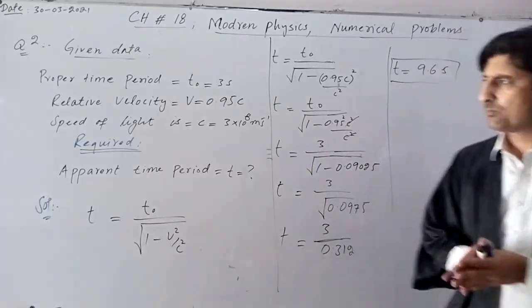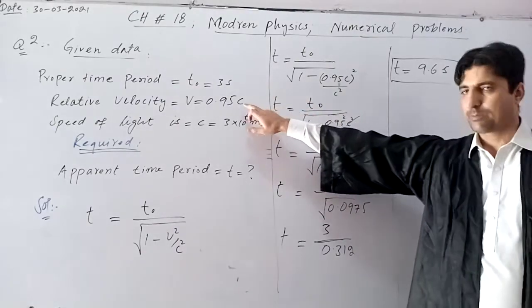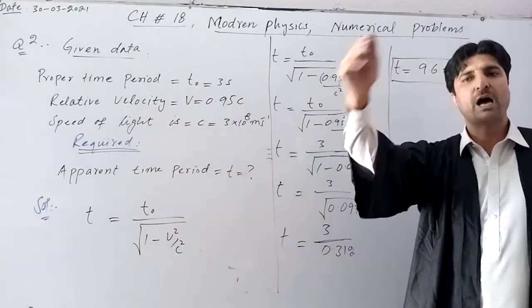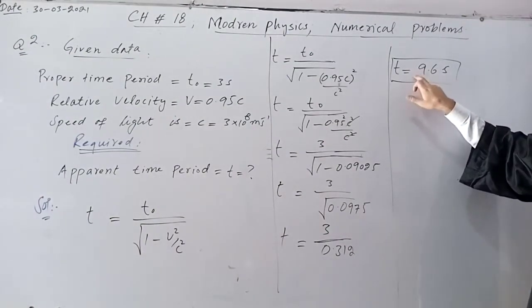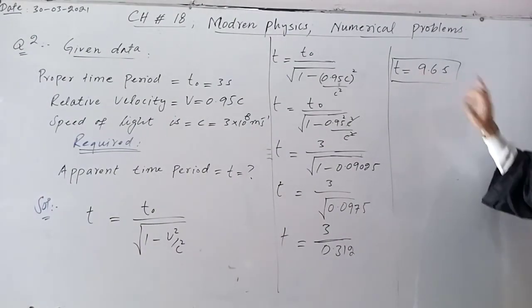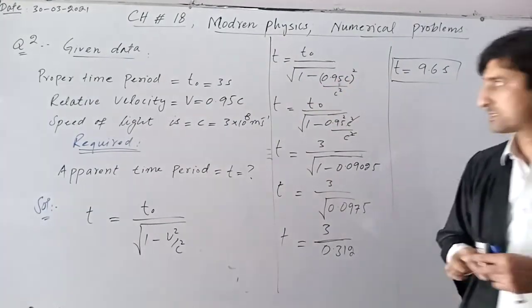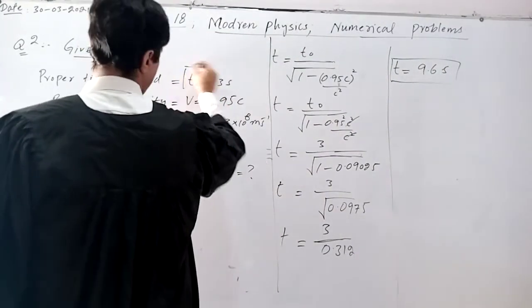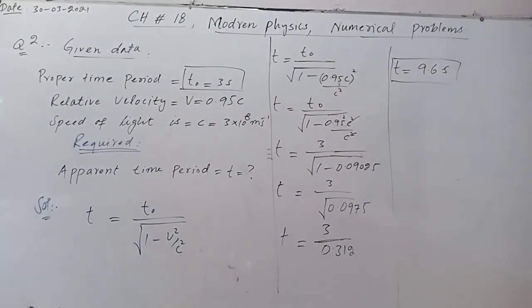But if we are moving with a velocity 0.95 c, comparable to the speed of light, the other observer from the other reference frame will observe that the time period of the simple pendulum is 9.6 seconds. There is a huge difference between 3 seconds and 9.6 seconds. That is the phenomenon of time dilation, which is the second consequence of the special theory of relativity.